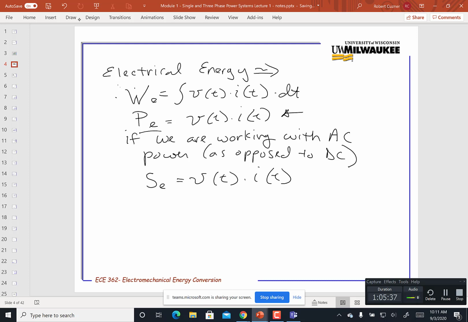Okay, so this is DC. This is AC. And in the AC world, your apparent power divides up into real power and reactive power.